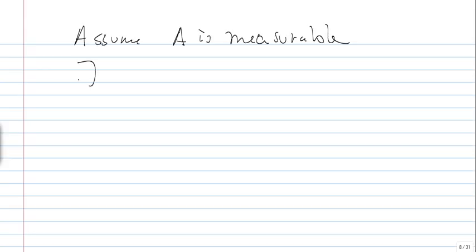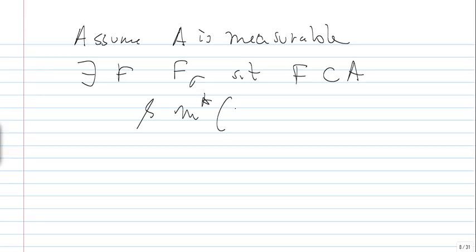Now assume that A is measurable. So we know that there exists an F sigma such that F is included in A and the outer measure of A minus F is equal to 0.